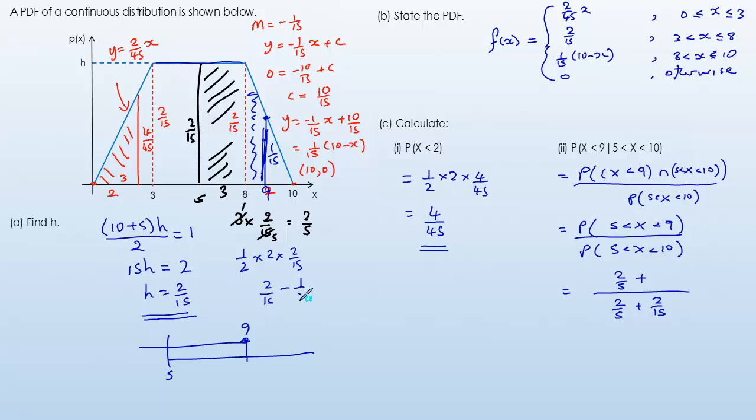So it's going to be a half times base would be 1 times the height, which is 1/15. So what we have is 2/15 take away 1/30. So that's 4/30 take away 1/30, which is 3/30, which is 1/10.